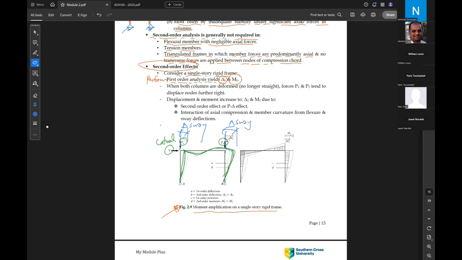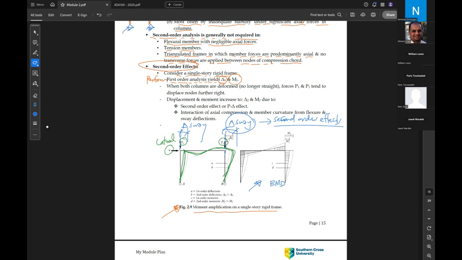Okay. So to take into account the second order effect of sway, the standard gives us an amplification factor. So let's see here, this is our bending moment diagram on the structure.